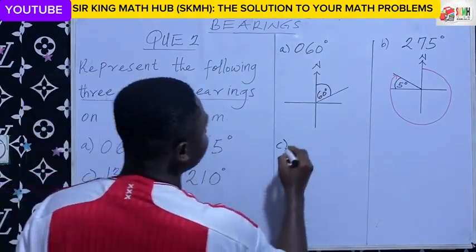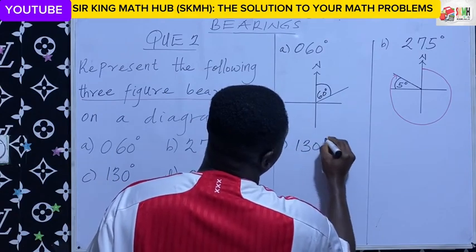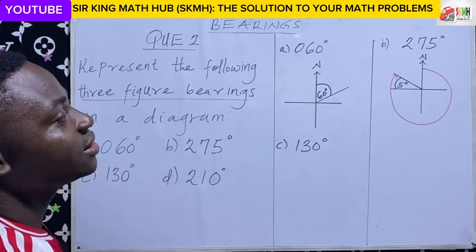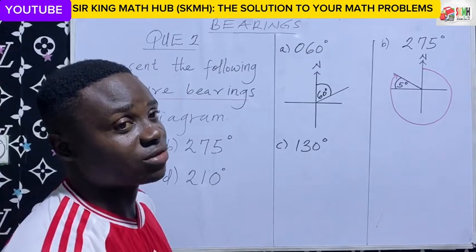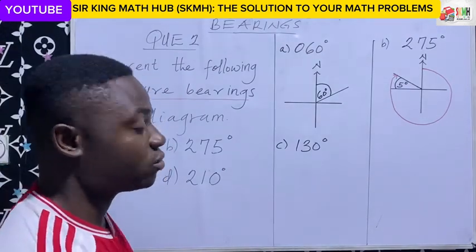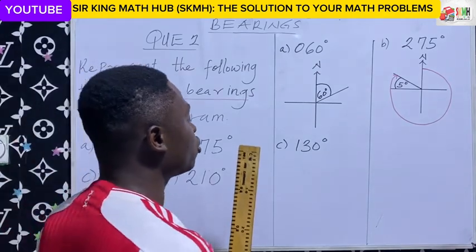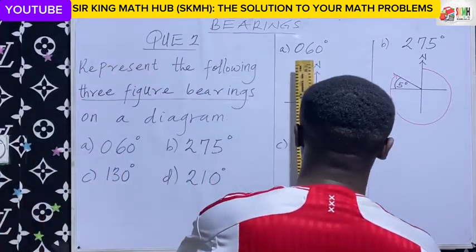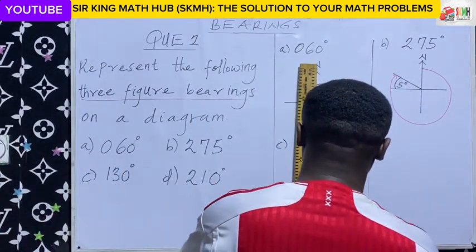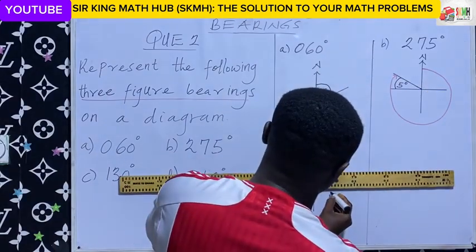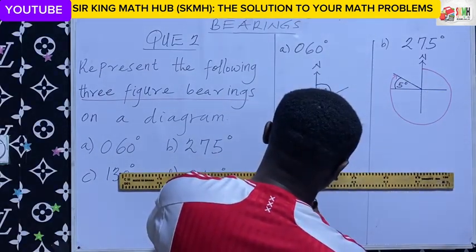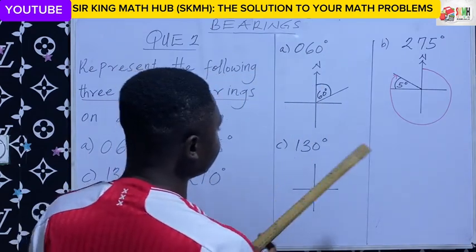Now C, you have to represent 130 degrees. I hope you are giving it a try. So give it a try. So what is the first thing we must do? First thing we must do is to draw our cardinal points. So let's do that. So we have our cardinal points here.